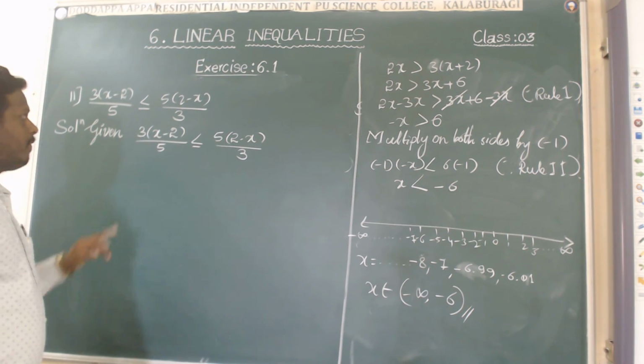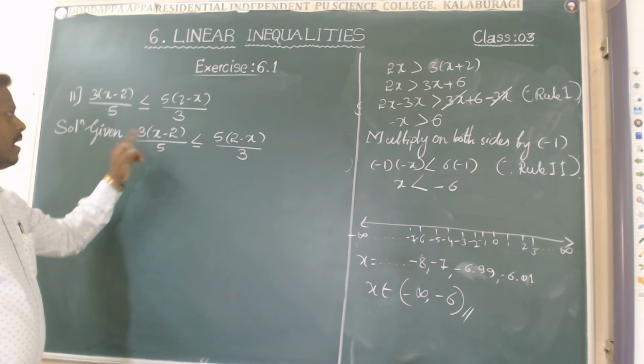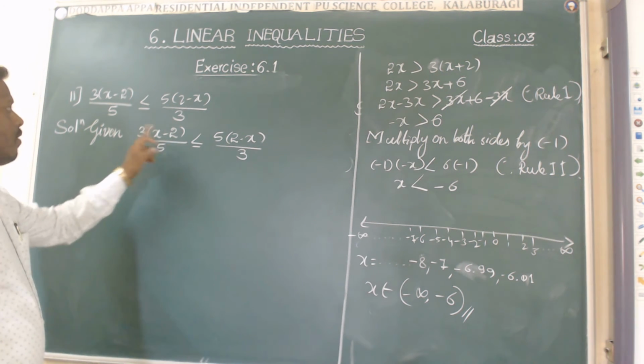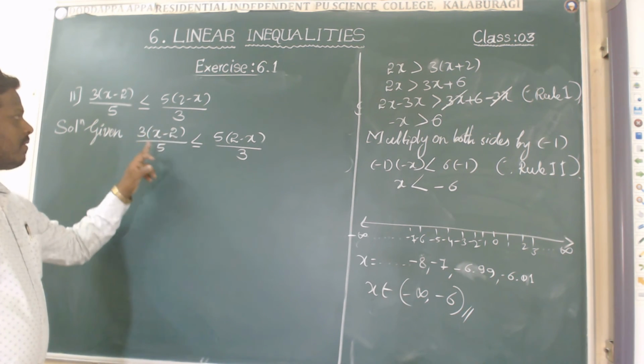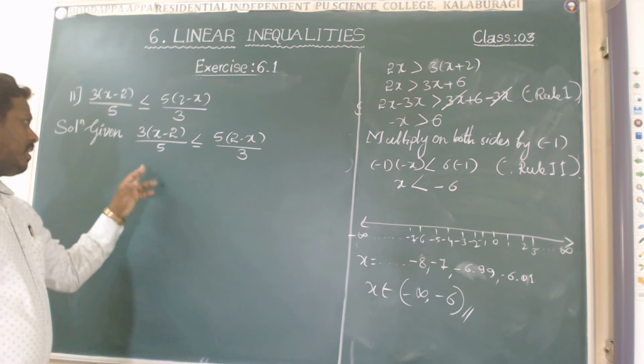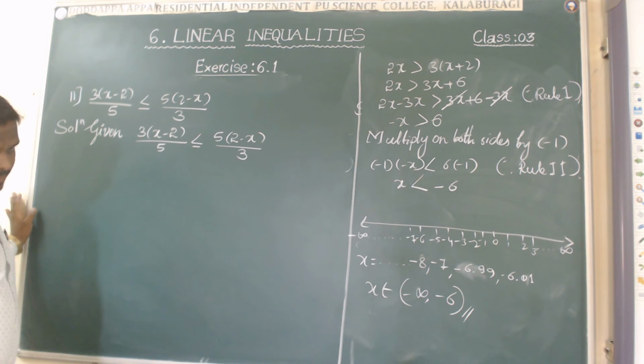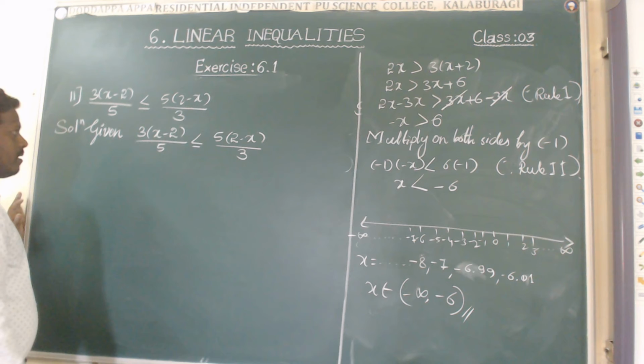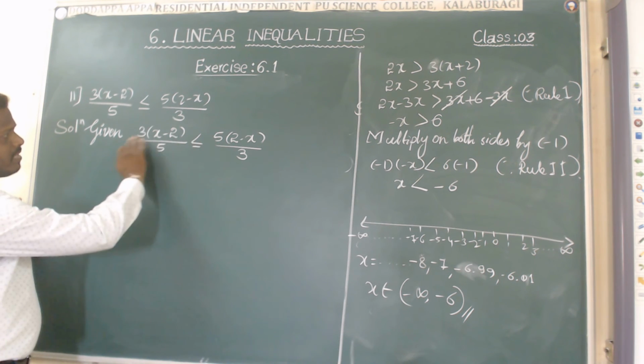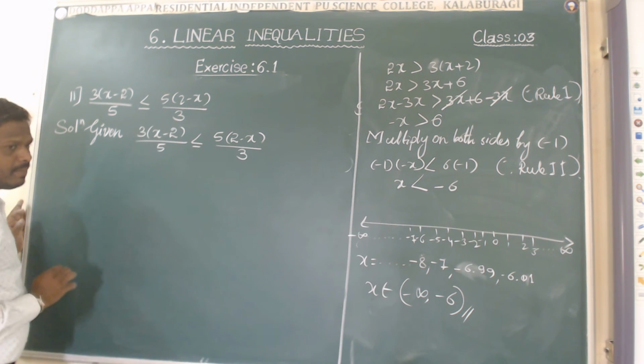First of all, multiply both sides by 5 and 3. Then we see what we get. First we simplify the numerator form.